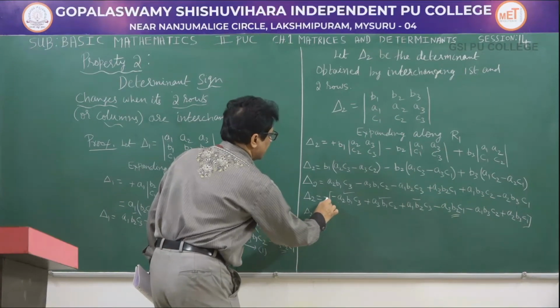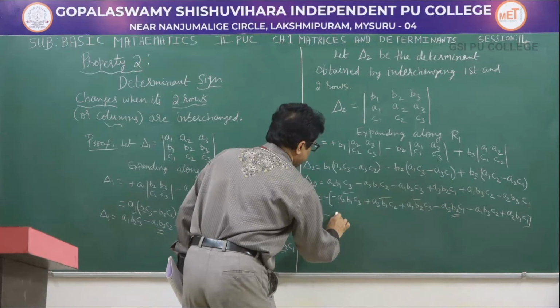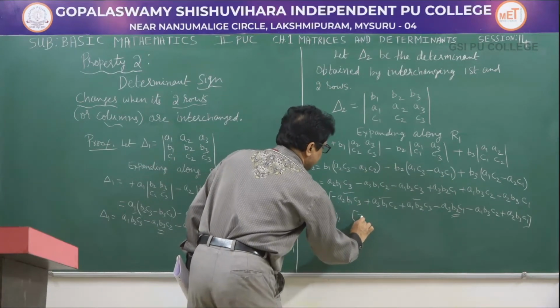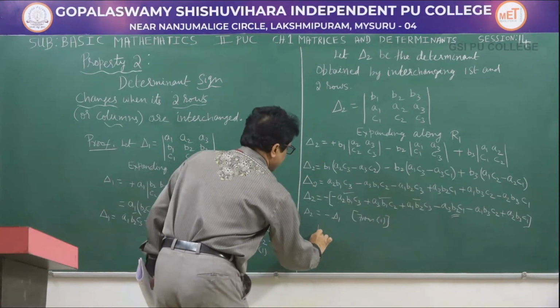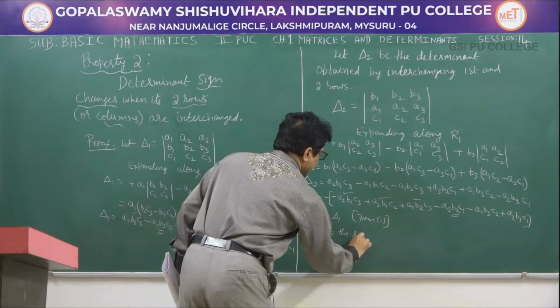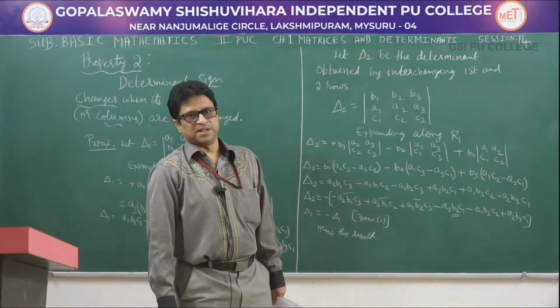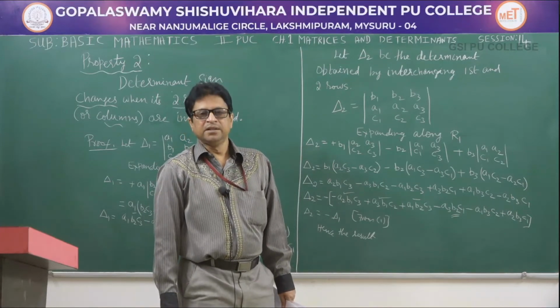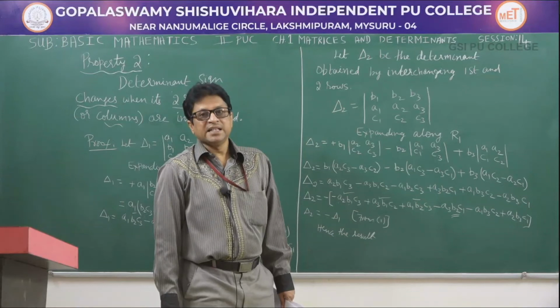Delta 2 will be equal to minus, the terms inside the brackets is nothing but delta 1, that is from equation 1. Hence the result. That means if we interchange any two rows or columns in a determinant, then the value of the determinant changes by sign.